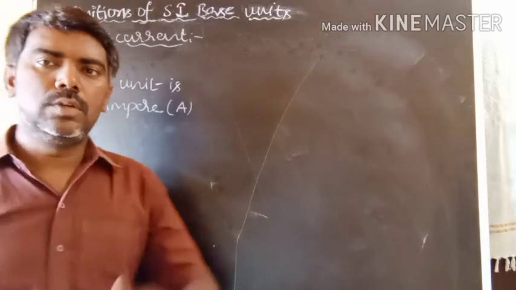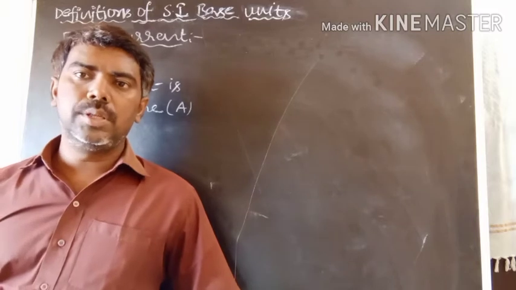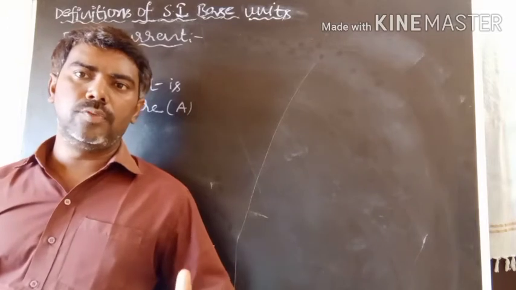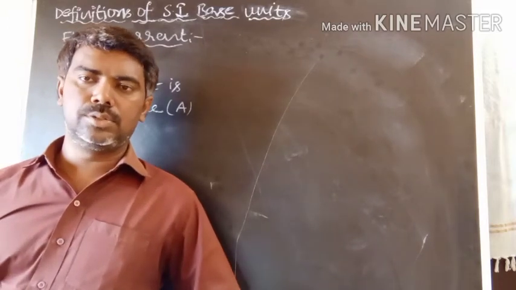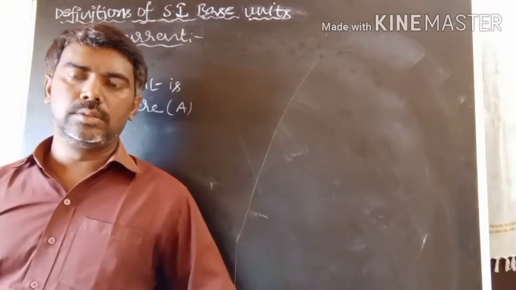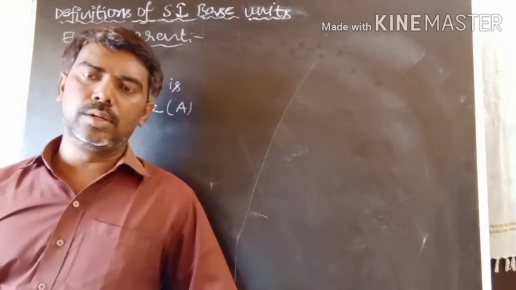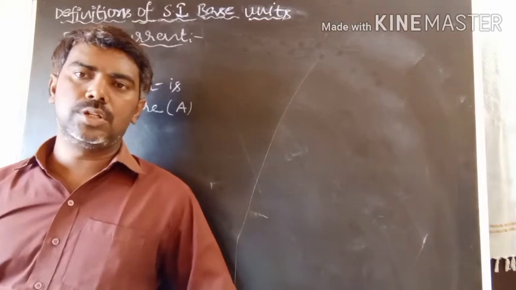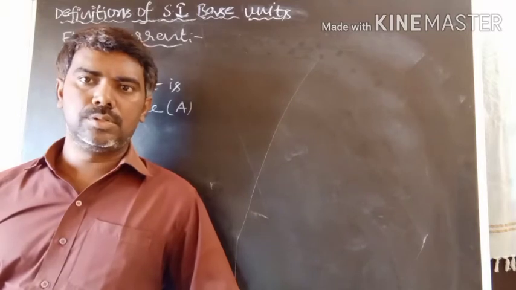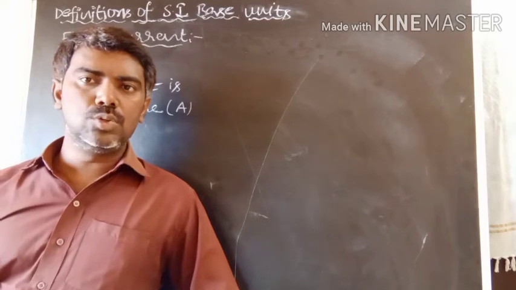Then first of all, how do we define the Ampere? Ampere is defined as a constant current which, if maintained in two straight parallel conductors of infinite length and negligible circular cross-sectional area, separated by a 1 meter distance, produces a force between these two conductors.